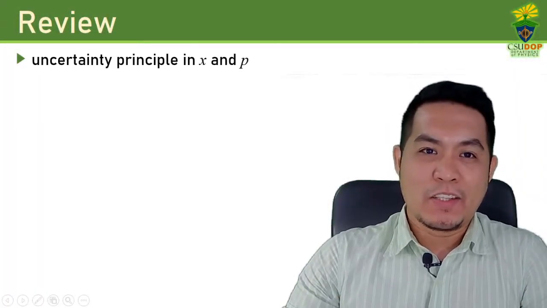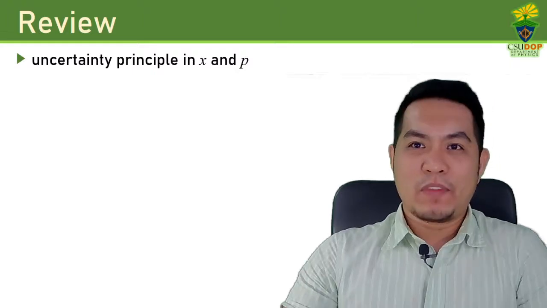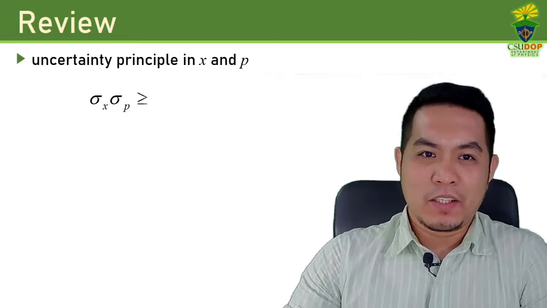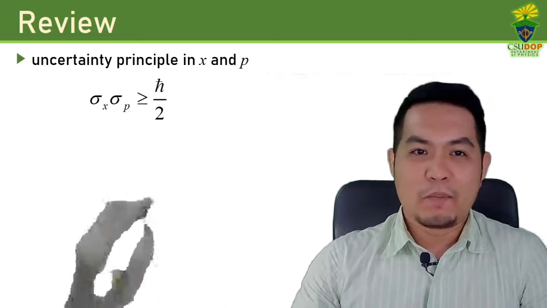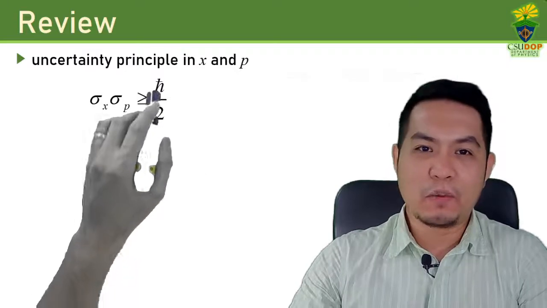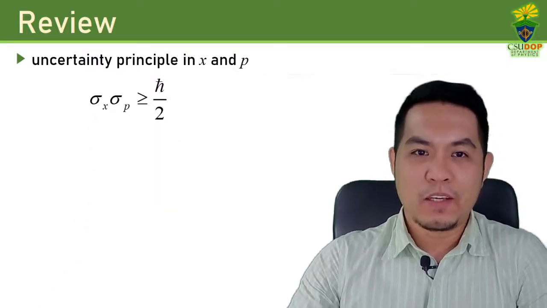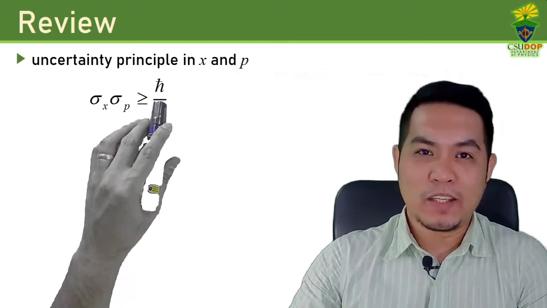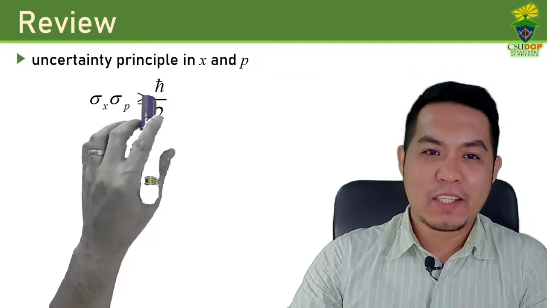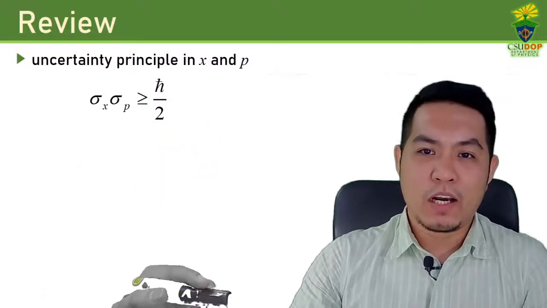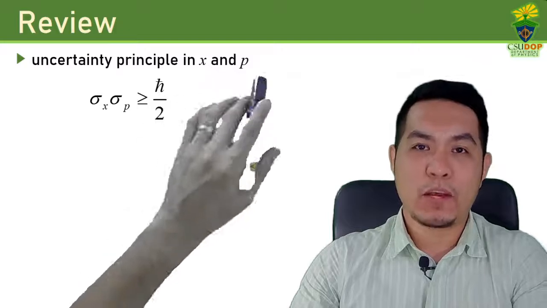So far, we have discussed the uncertainty principle in X and P in the previous chapters. The uncertainty in position and momentum must be greater than or equal to h bar over 2. Even though h bar is a very small quantity, 10 to the negative 34, so in classical mechanics this is essentially zero. You can measure both position and momentum at the same time.